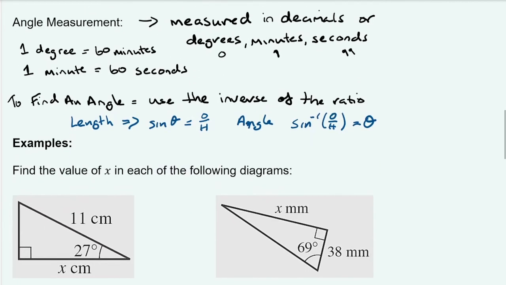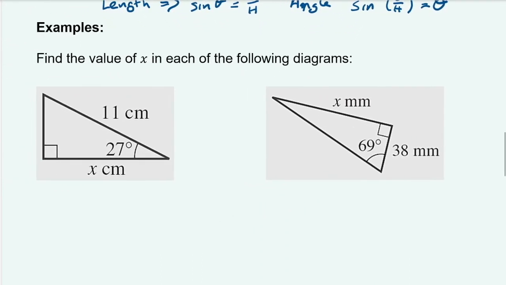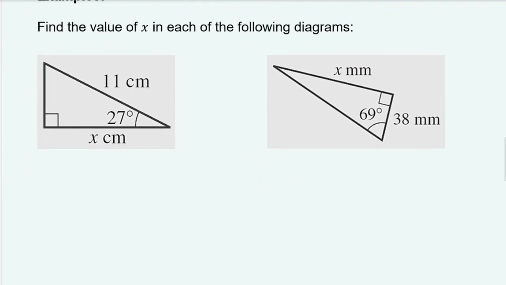Make it a little bit bigger just to make it easier to see. There we go. Okay, so we need to find the value of x. The first two are pretty straightforward. We are going to have just straightforward ratios.